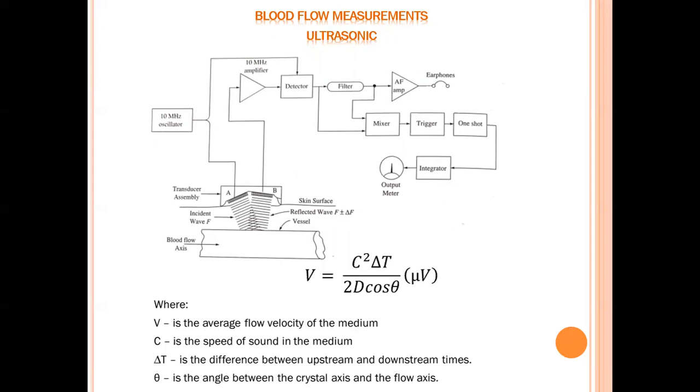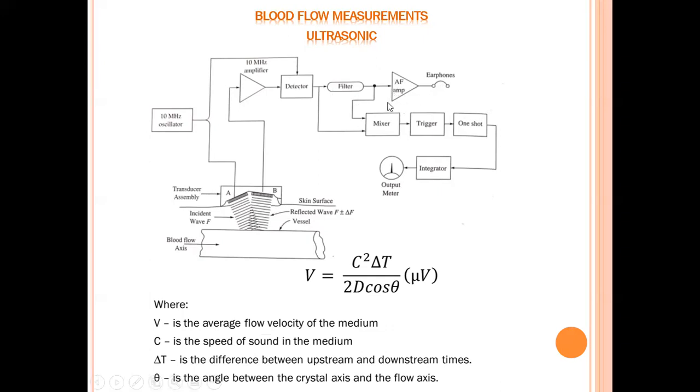Basically, one transmits ultrasound using a transducer A, and the blood flow will cause a Doppler effect on the transmitted signal, and will either add or subtract frequency on that signal, and it gets reflected back to B. The signal gets amplified first, and the Doppler shift will be detected from this detector here, and from then onwards we can filter the signal.